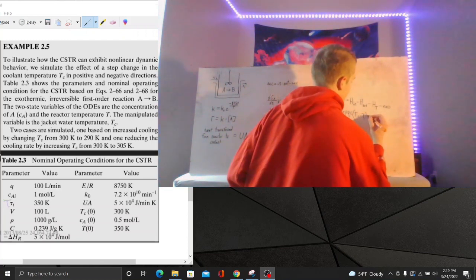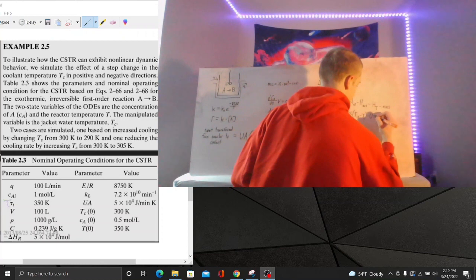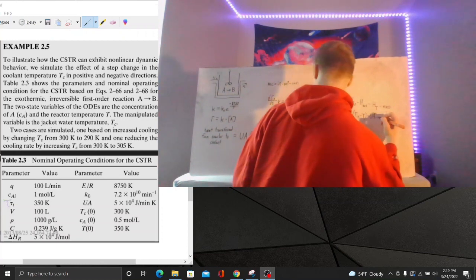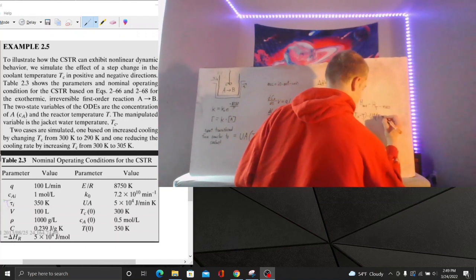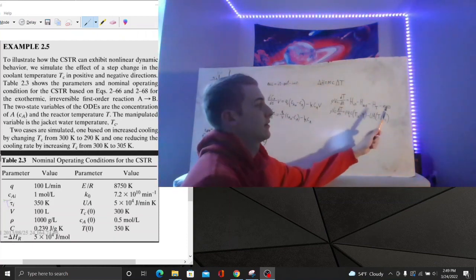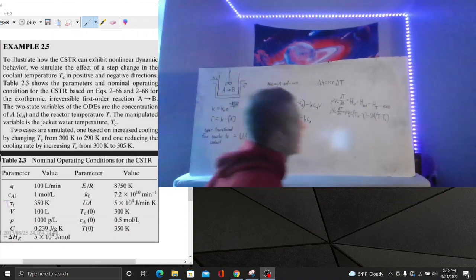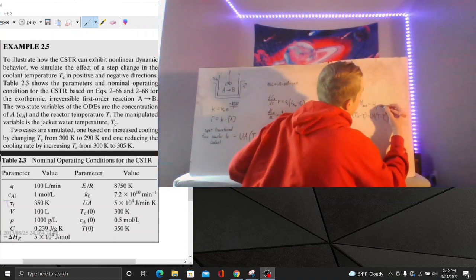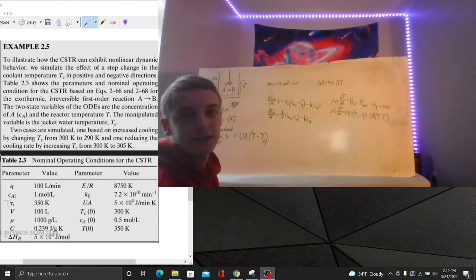So we will be subtracting that, UA times (T minus Tc). And then for this heat that is released from the exothermic reaction, I actually made a mistake, and it will be added instead of subtracted.